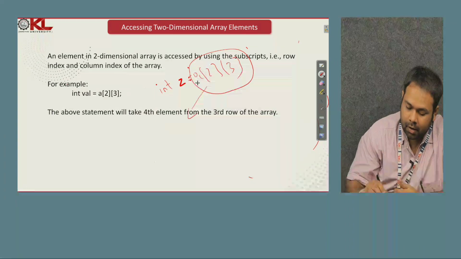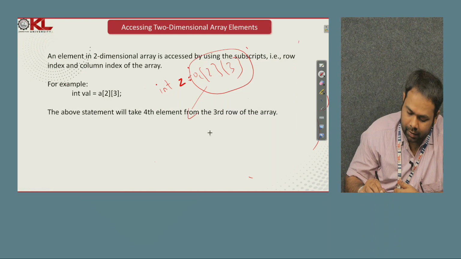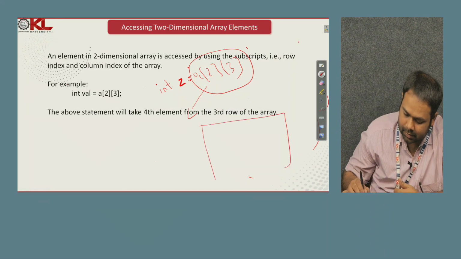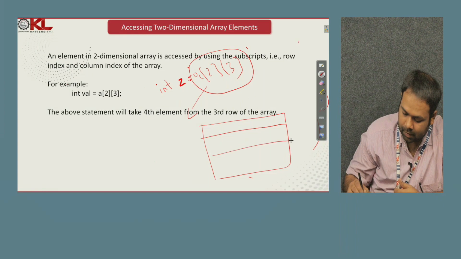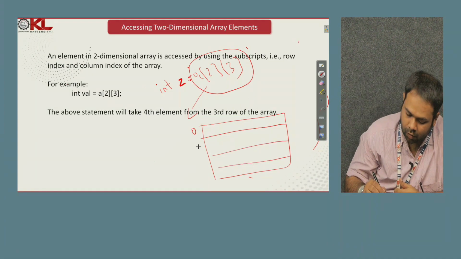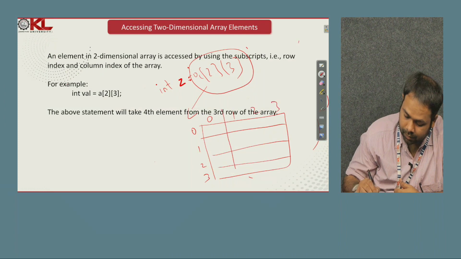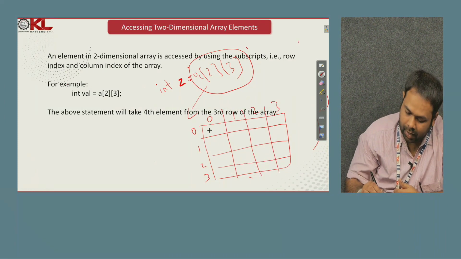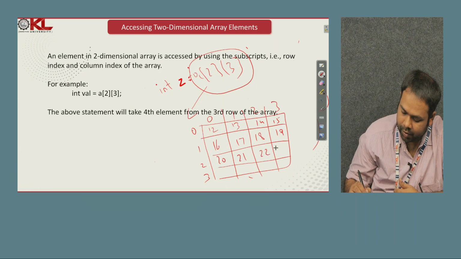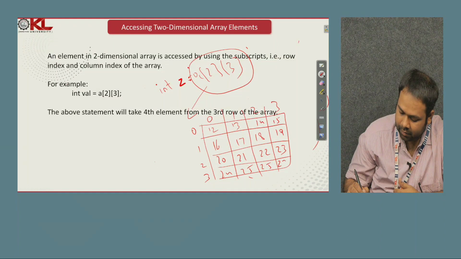Like you have one two-dimensional array like this: 0, 1, 2, 3 and 0, 1, 2, 3. Assume that you are having elements 12, 13, 14, 15, 16, 17, 18, 19, 20, 21, 22, 23, 24, 25, 26 and 27.